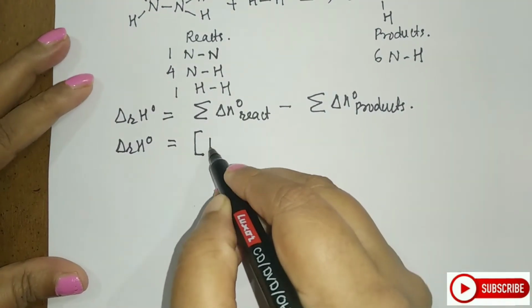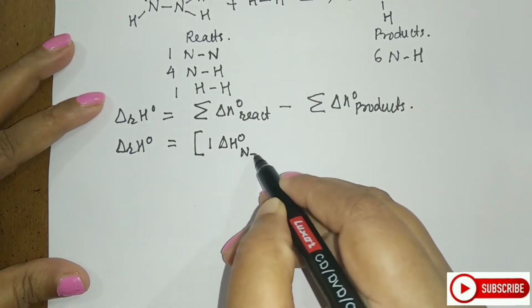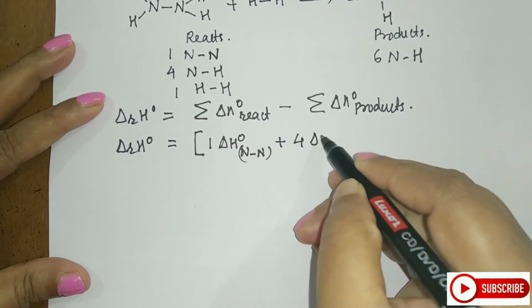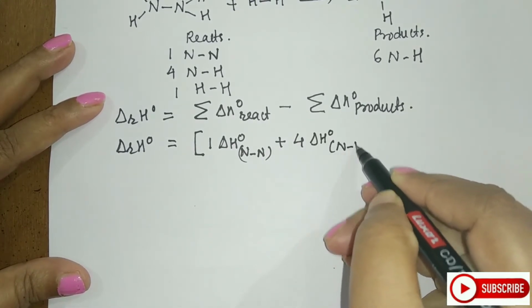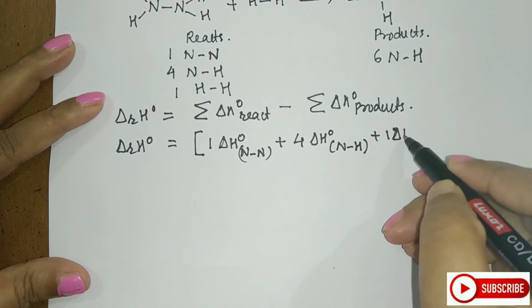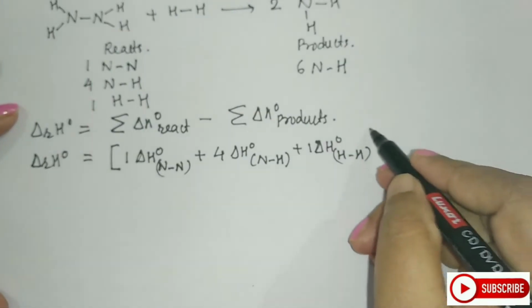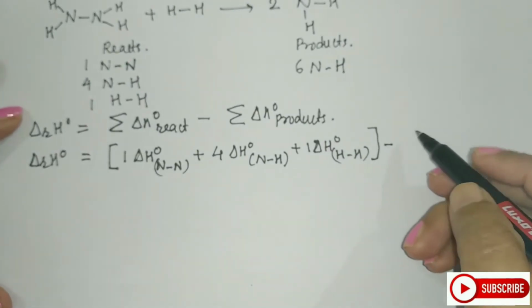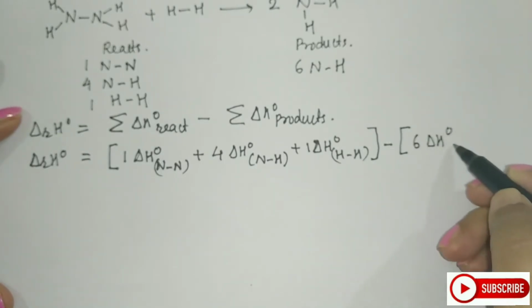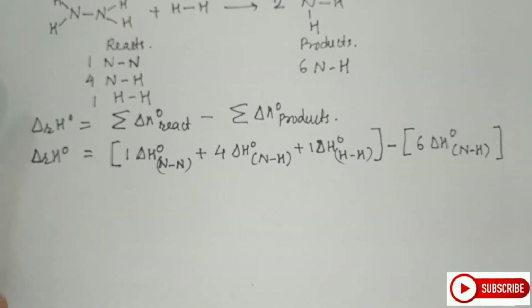It will be 1 times the standard enthalpy of nitrogen to nitrogen bond plus 4 times the standard enthalpy of NH bonds plus 1 times the standard enthalpy of HH bond. Reactants I have finished, minus, now what will that be, students? It will be 6 times the standard enthalpy of NH bond. This is what I have written.